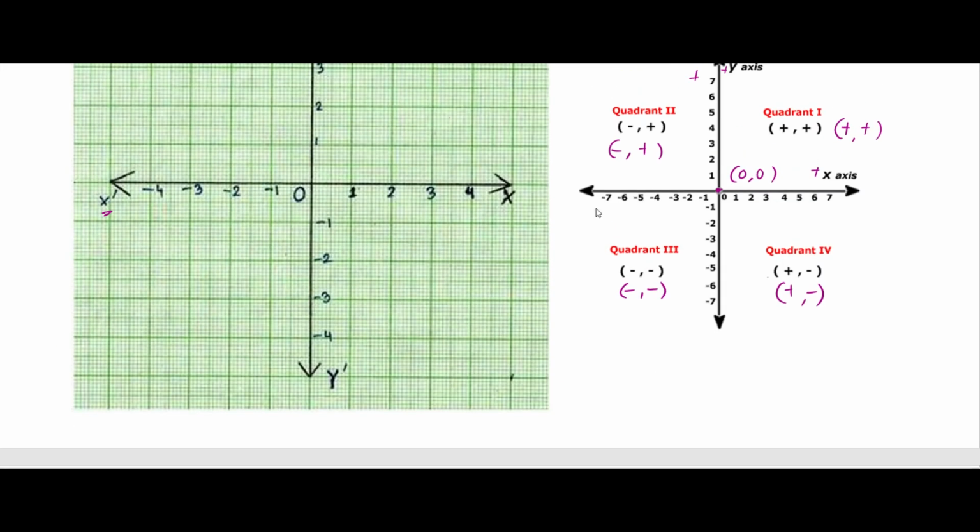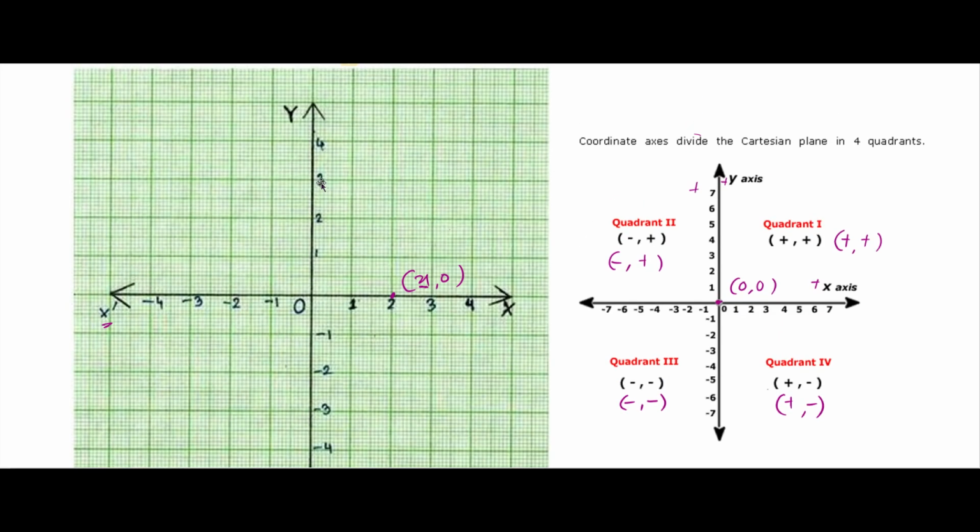That is, if we consider any point on the x-axis, it will be of the form x comma 0. Here it is 2 comma 0. In the same way, any point on the y-axis will be of the form 0 comma y. Here it is 0 comma 3.